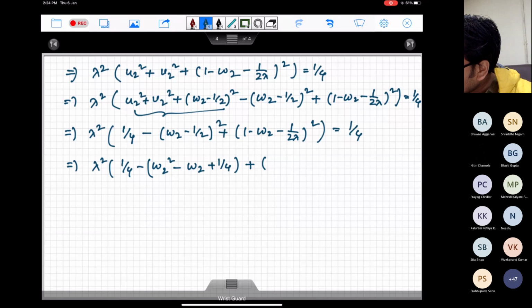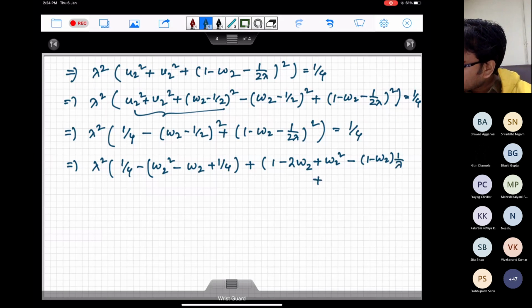I am going to get 1 minus 2 omega 2 plus omega 2 square, and then minus 2 times 1 minus omega 2 times 1 over lambda plus 1 over 4 lambda square. I hope I have done things correctly.